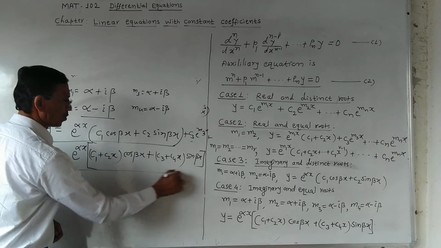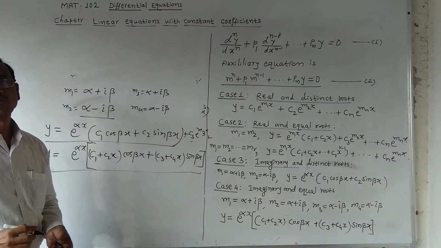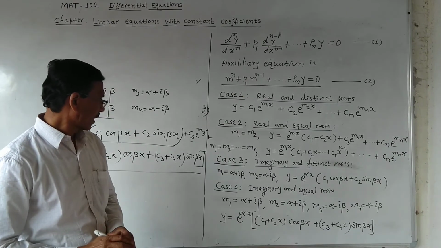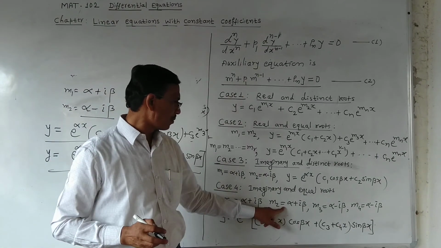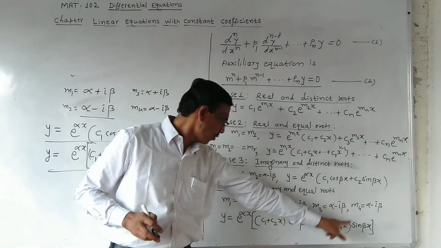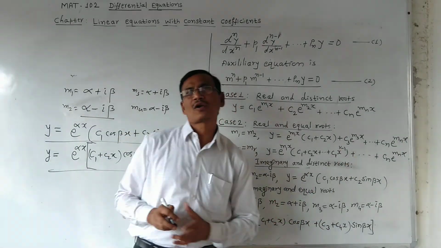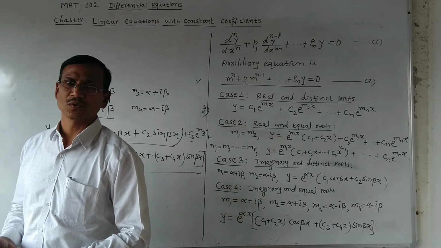This is the solution corresponding to these four imaginary roots. That means two are repeated. Here I have taken m1, m2, m3 and m4, and the solution is like this. You have to add the remaining part of the solution for the remaining fifth root.